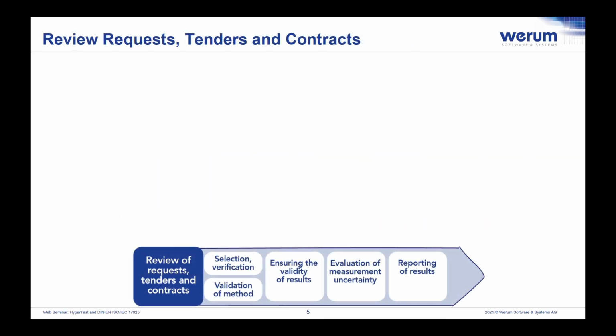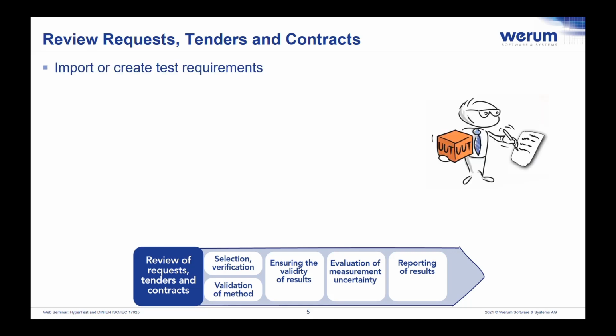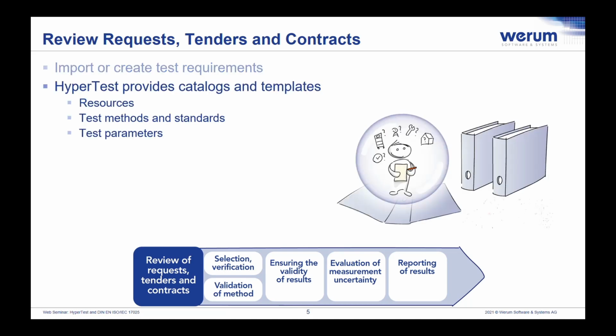The standard describes the requirement that laboratories must establish a procedure to review requests, tenders, and contracts. Requests can automatically be imported to HyperTest or can be created manually. HyperTest maintains catalogs and templates so that it is clear straight away when acquiring the request if the laboratory is capable of fulfilling the requirements.